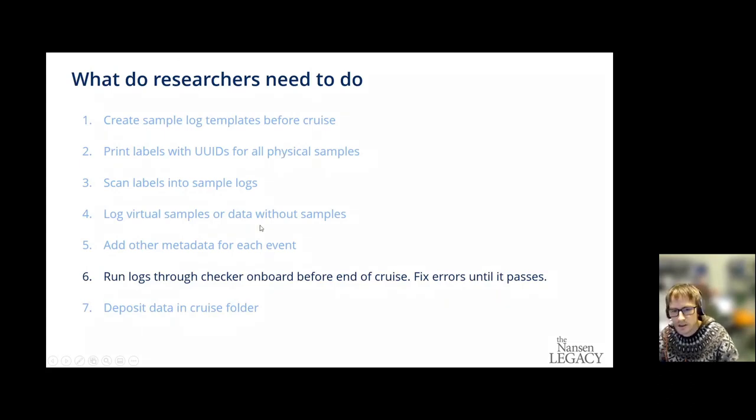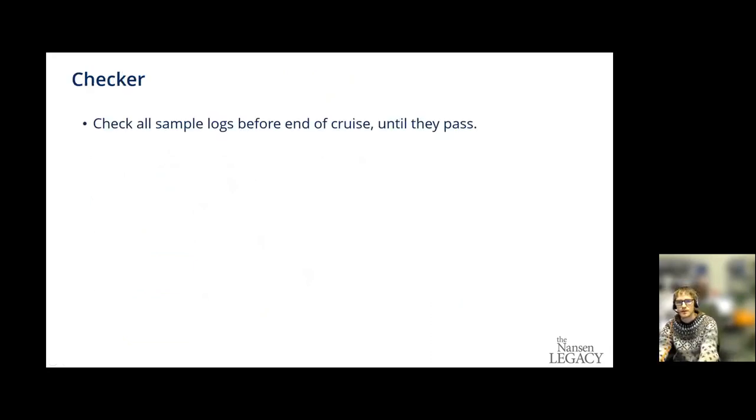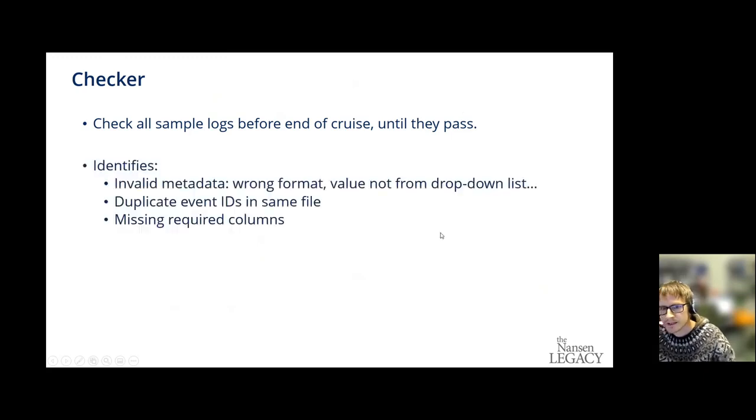Before the end of the cruise, we have an onboard checker that checks for things that I can't check myself, or not efficiently anyway. So this is available here. And you can run this file iteratively through every log that you're creating until it passes.